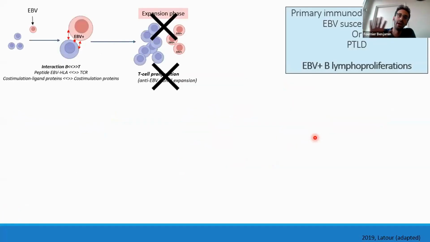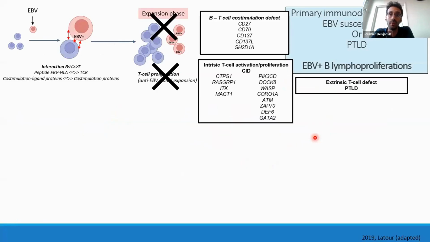And if we look, as Sylvain has mentioned, at a defect in both of these phases, if we start with a defect in the T-cell expansion phase, it will lead to a phenotype of EBV-positive B-cell lymphoproliferation, so lymph nodes, B-cell infiltration of organs, and this is due to a T-cell defect in proliferation, which can lead to genetic disease.